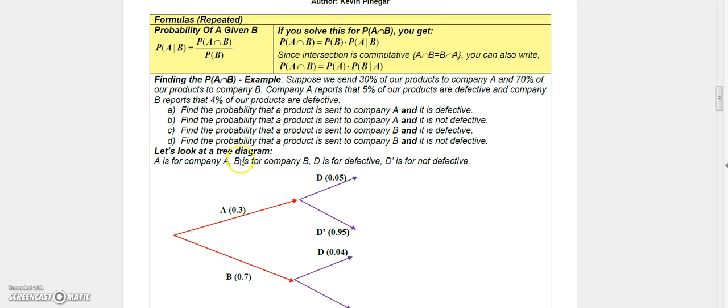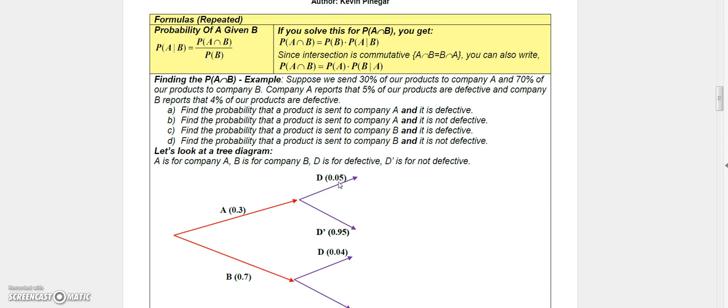Now, we also know that company A reports that 5% of their products are defective, and company B reports that 4% of our products are defective. So when we send products to company A and company A tests them, they find that 5% are defective.